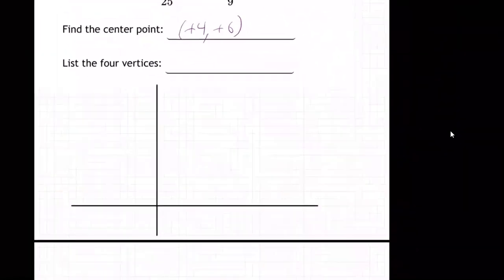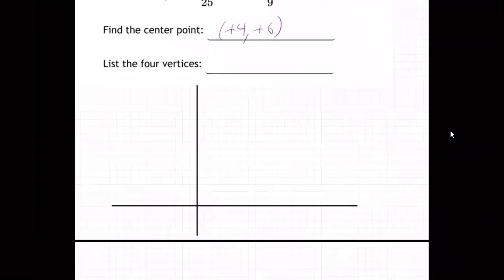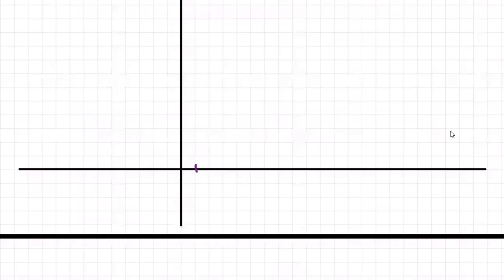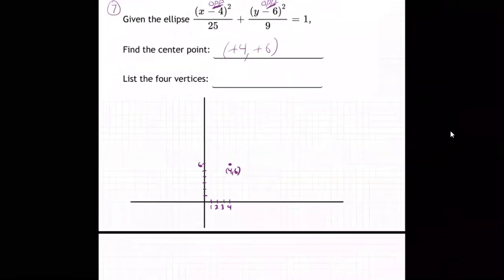So the center is right 4 up 6. So let's find that. 1, 2, 3, 4, up 6. 1, 2, 3, 4, 5, 6. So there's the center, right 4 up 6. There's the center of the ellipse.